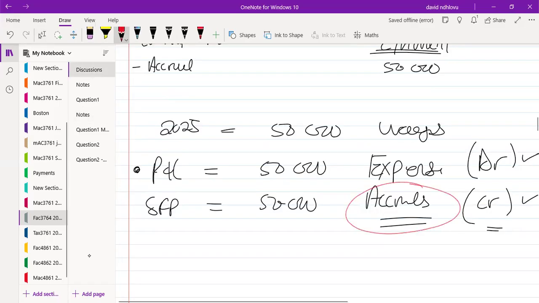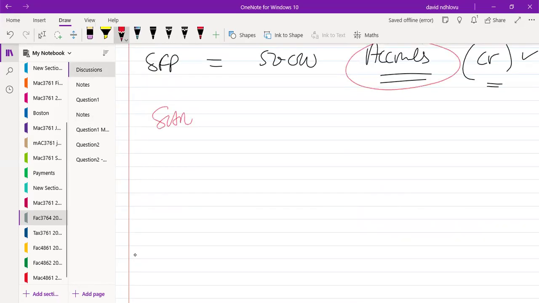But when we go to SARS, remember on this particular amount, SARS is not recognizing it at all. SARS does not recognize accruals, and does not recognize prepayments, and does not recognize provisions. These things are only recognized by SARS when a payment has been made or received.